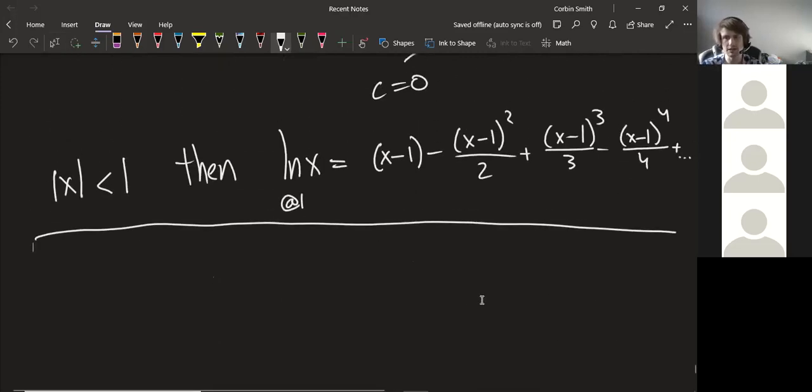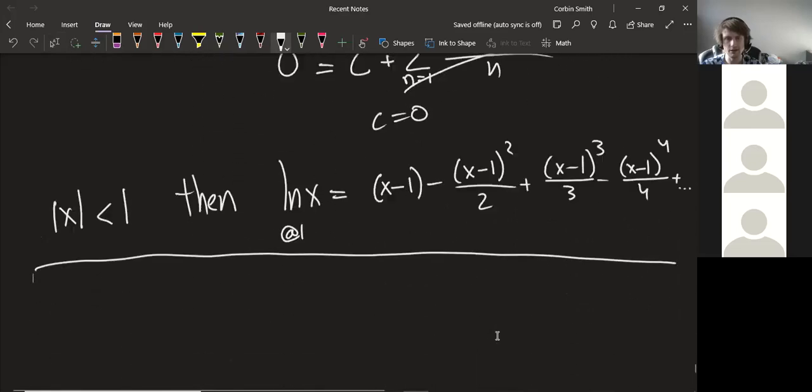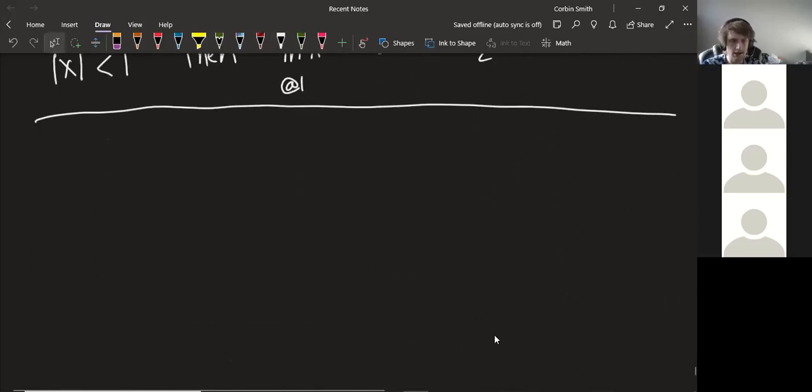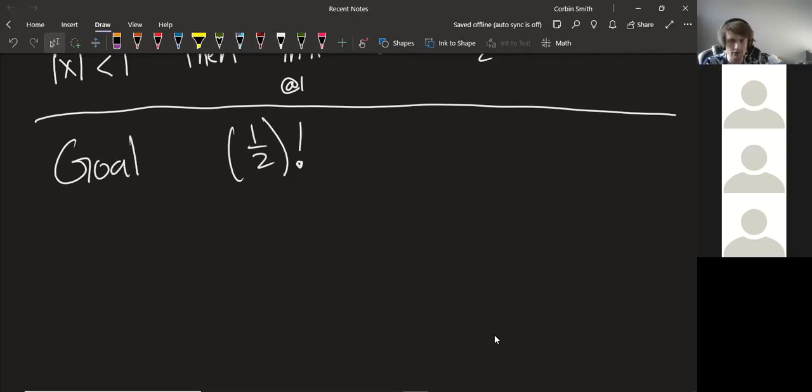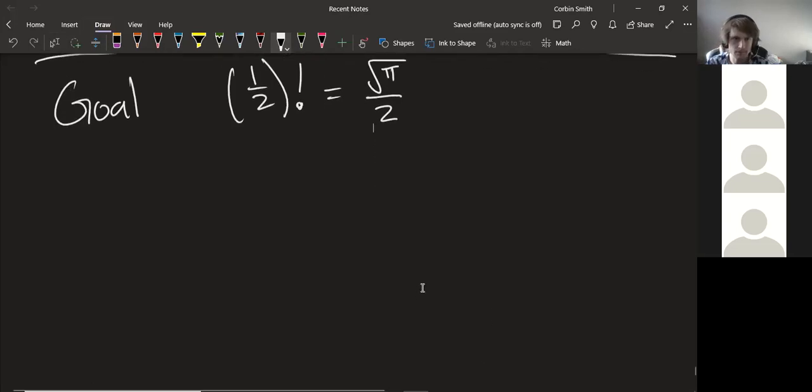So the next thing that I want is, I did the natural log because it's a good example of the next thing that I'm going to do. Our goal here is to prove that 1/2 factorial is equal to the square root of pi divided by 2. And we're going to do that in 2 different ways using 2 different integration techniques. But in order to do that, we're going to need to know a certain integral.